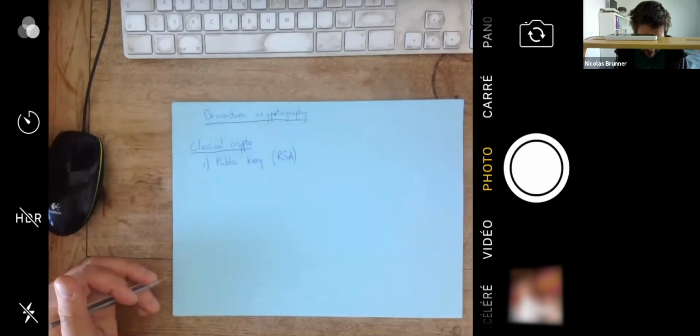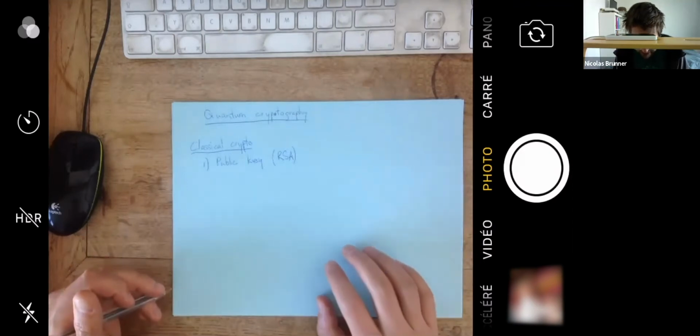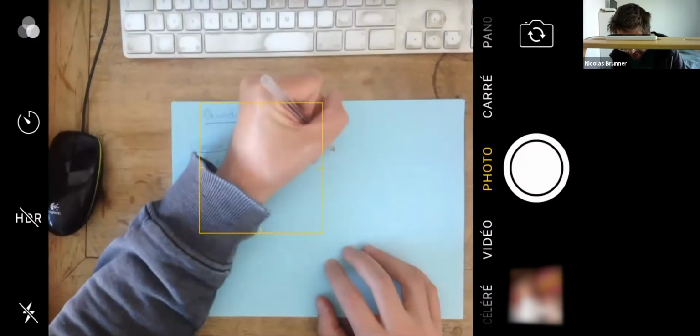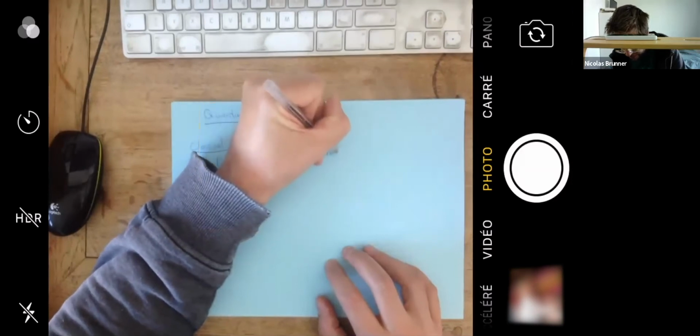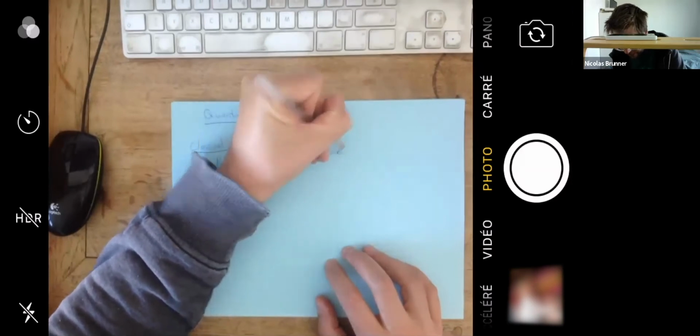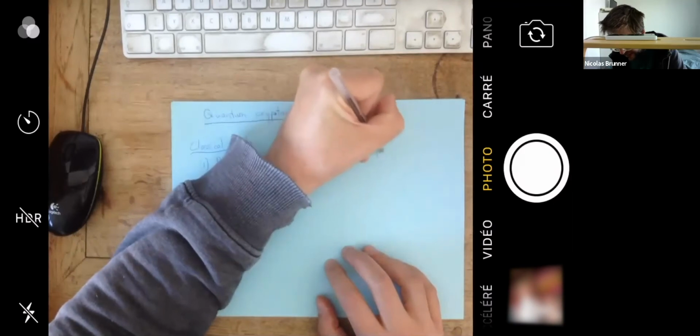With bits or calculating functions. And in fact, the main function that is used here relies on factoring.